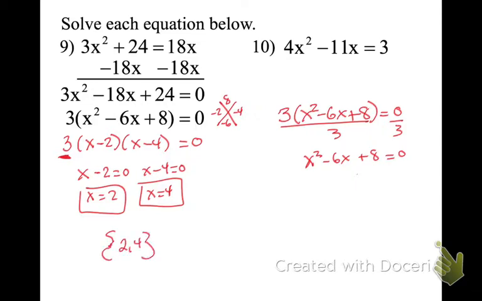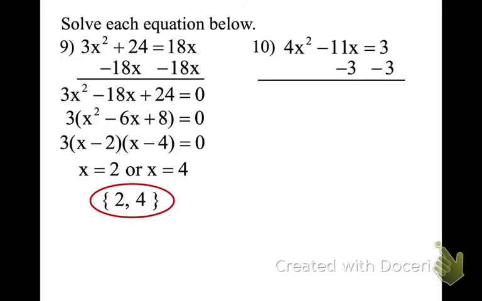But I could have divided it out. It still would have been the same solution. x minus 2, x minus 4 equals 0, x equals 2, x equals 4. So it doesn't matter if you take that lead, that GCF, and let it hang out there, or if you want to divide it out, that's fine too.